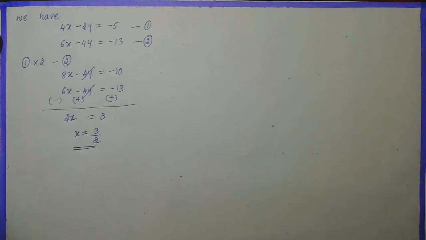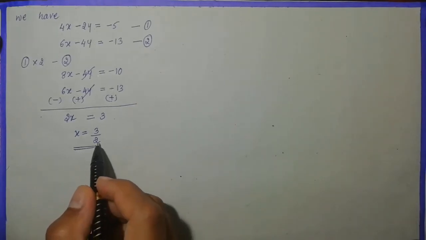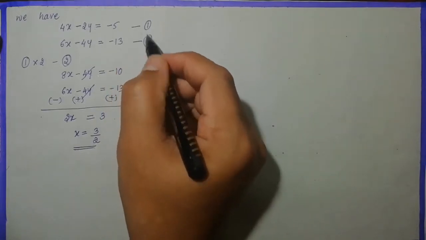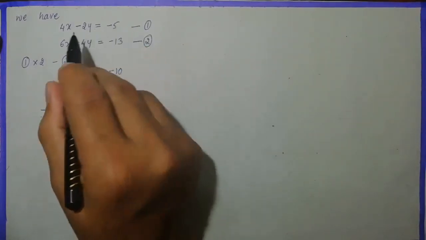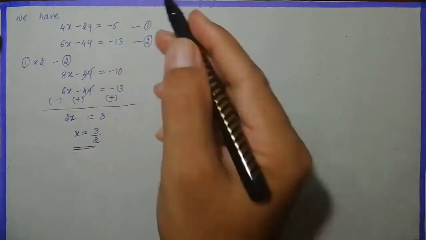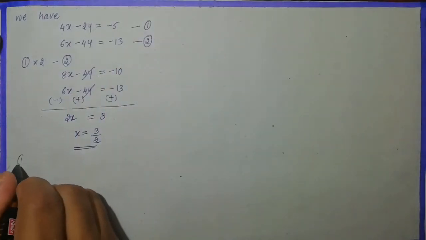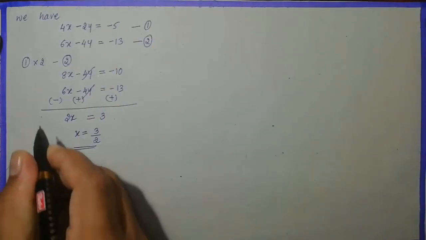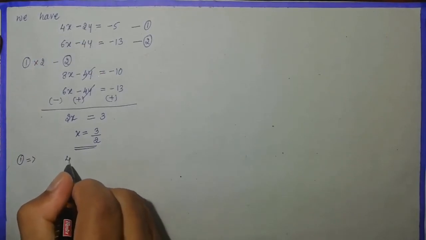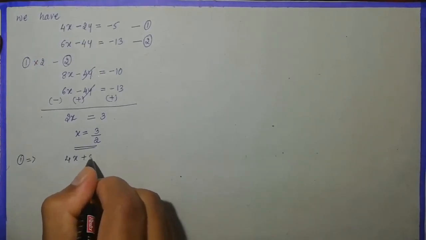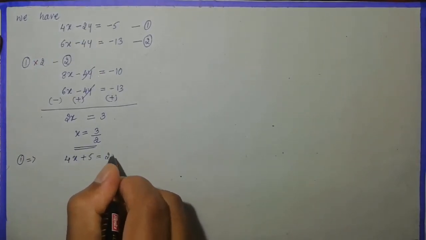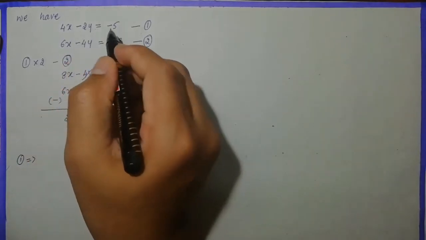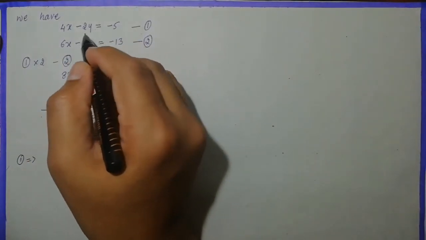Then the next thing is we need to find the y coordinate also. To find y, you have to substitute this x value in either equation 1 or 2. I'm going to consider equation number 1. I'm going to write it like this: 4x plus 5 is equal to 2y, shifting minus 2y to the right side and minus 5 to the left side.